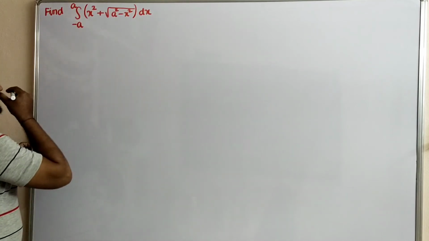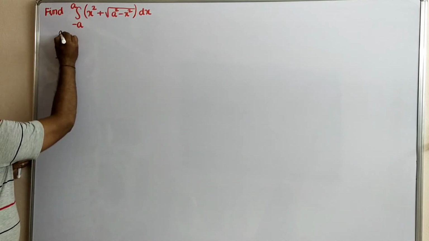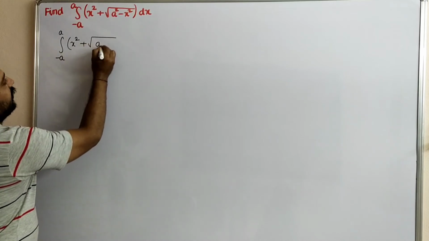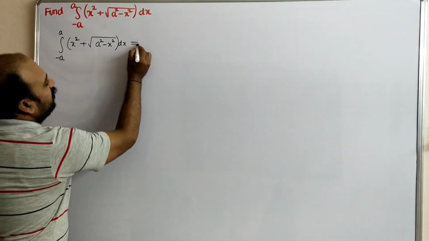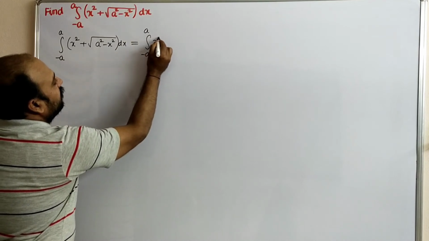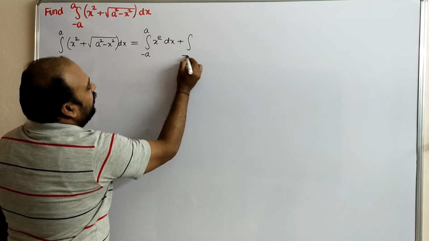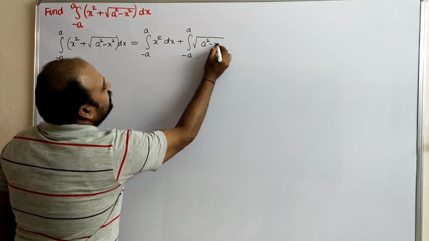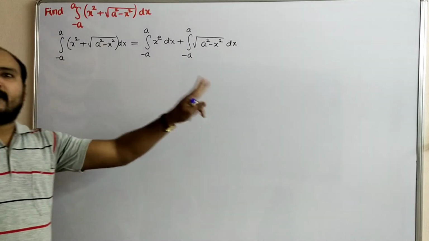See, first the given integral minus a to a of x square plus square root of a square minus x square into dx is equal to integral minus a to a of x square into dx plus integral minus a to a of square root of a square minus x square into dx. We are splitting into two integrals.